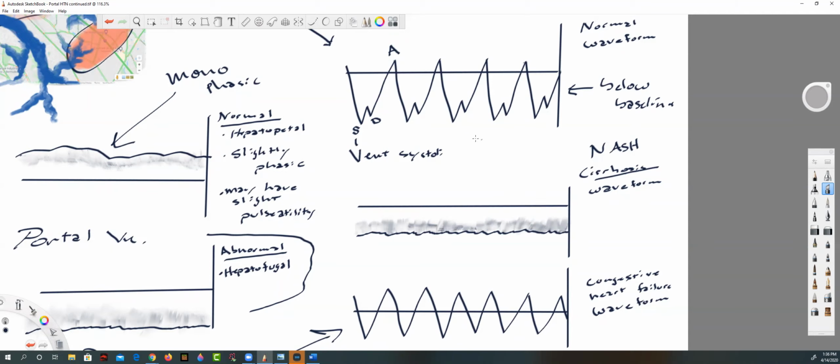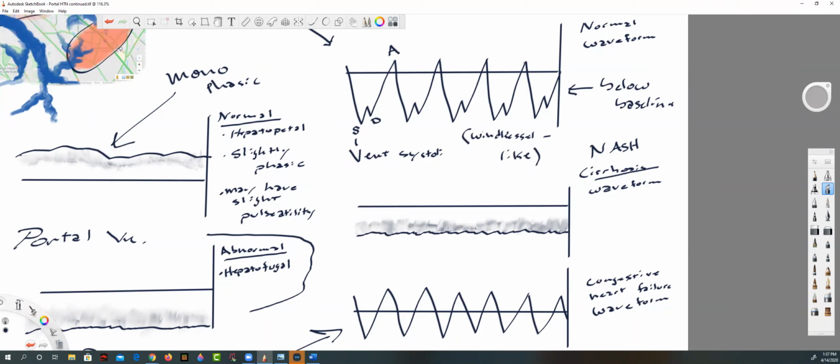You could call this up here Windkessel, how about this? Windkessel-like, that way I'm keeping it. That's not really the Windkessel effect. The Windkessel is more of an arterial effect, but this is very similar. A lot of this movement, the energy comes from the heart, but the pliability of the vessels allows this waveform to happen.